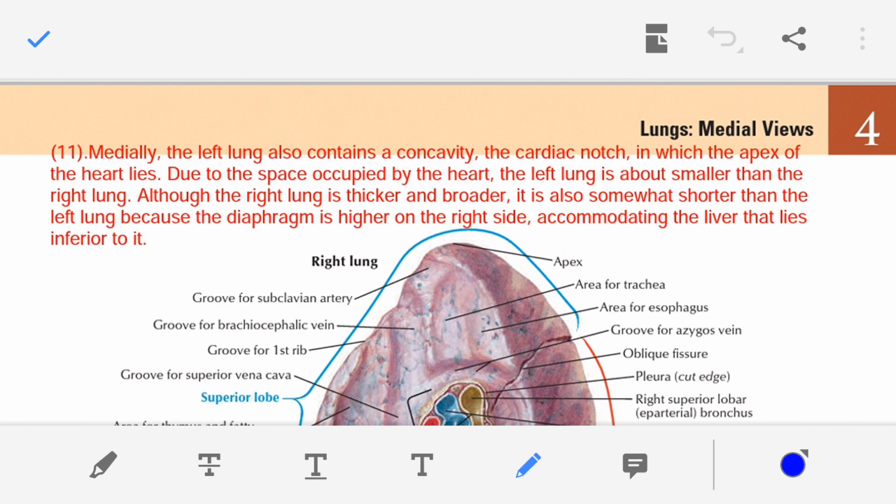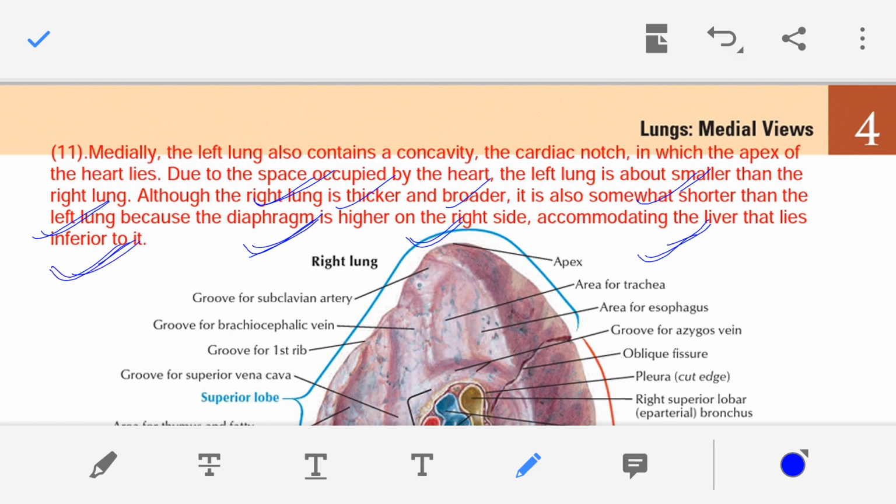Then the right lung, the wall of the right lung is thicker and broader, and the right lung is somewhat shorter than the left lung. The reason why the right lung is shorter than the left lung is that the diaphragm is higher on the right side, and this diaphragm accommodates the liver that lies inferior to it.